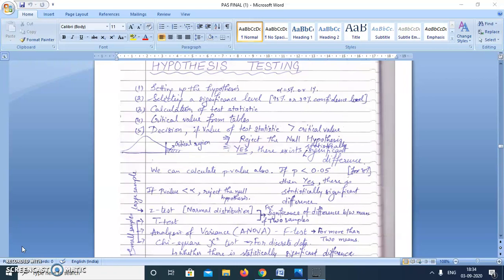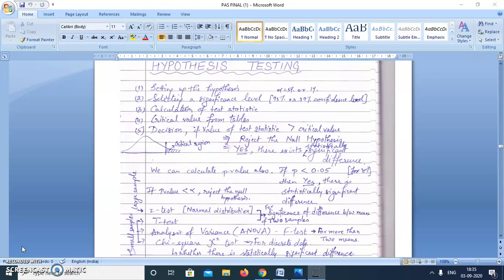In case of chi-square, we'll use the chi-square table, in case of t-test we'll use the t-test table, and in case of ANOVA we'll use the f-test table. Tables will be different, but the basic concept is the same, that we are going to compare one calculated value with the table value at 95% confidence level.